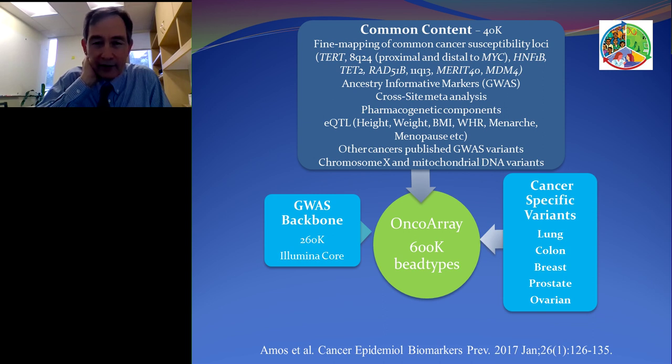So we have pharmacogenetic components, and we also have some regions that we were particularly interested in, and also variants that will inform about risk factors like BMI, age at menarche, and so these were all put onto this array.